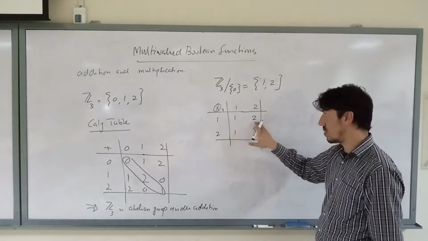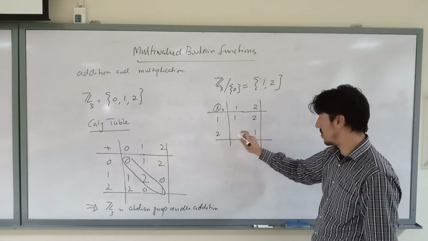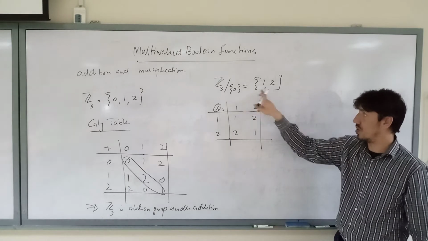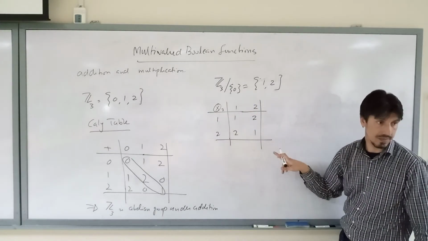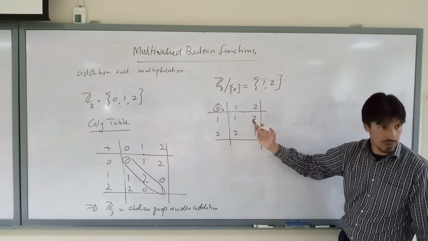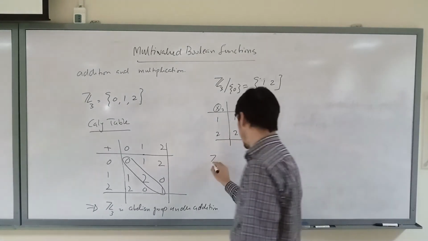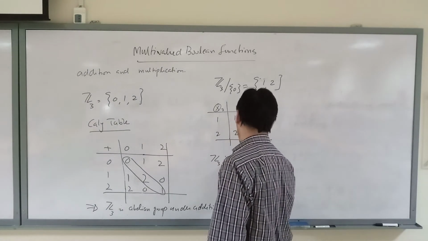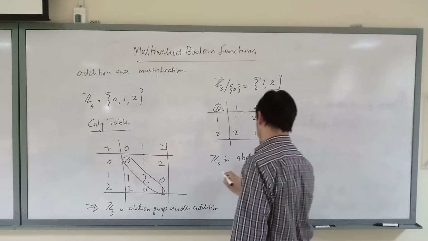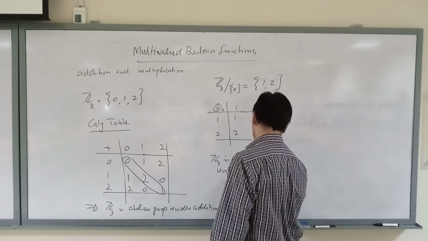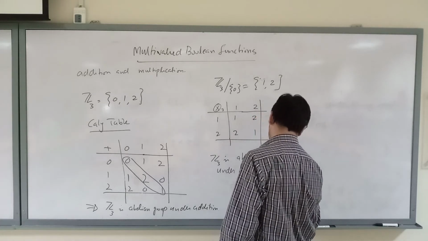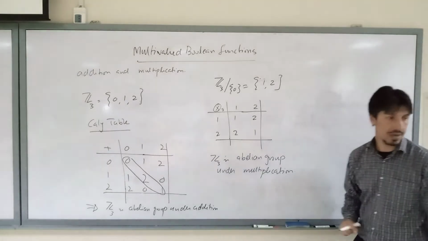So you can see there is no repetition of elements of Z3 minus 0 in rows as well as columns. And if you look at the principal diagonal, there is a symmetry about it. So Z3 is abelian under multiplication.